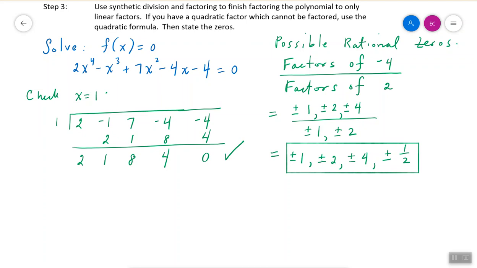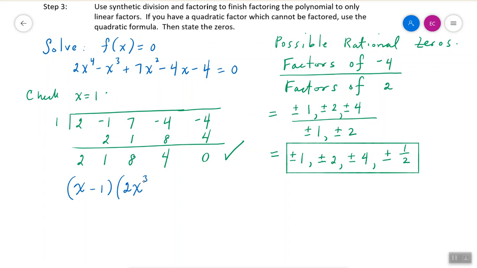So we can go ahead and factor our polynomial. So we're going to have x minus 1 multiplied by, and then the quotient starts with coefficient 2, and the power on the variable is going to be 3, since the power on the polynomial before was 4.